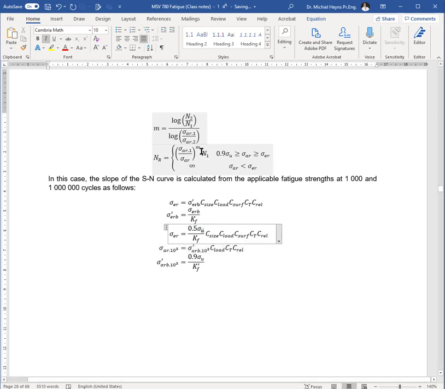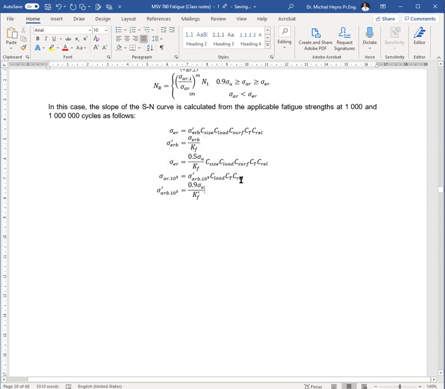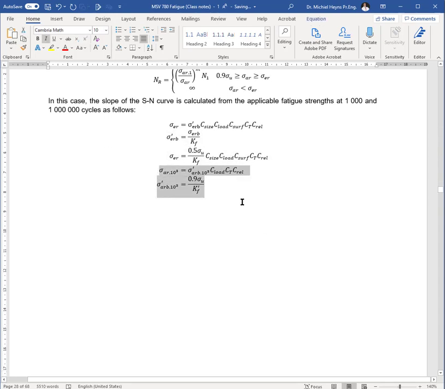You have this formula. So that's the one I'm going to use to calculate the point on the S-N curve at 1 million cycles. The point on the S-N curve at 1,000 cycles can be calculated using this equation. I'm going to copy it down here again so that we can have it in one equation.